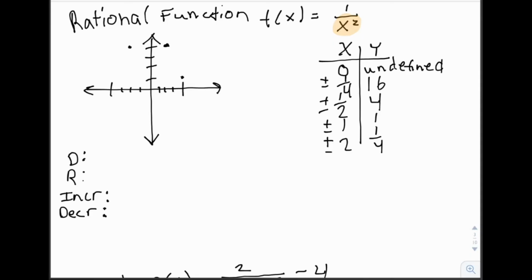And we will also have a negative 1, 1. Okay, and our last value we have this 2, so plus or minus 2 and then 1/4. So it's going to be really tiny, approximately right there. So let's fill in our graph here and figure out what it looks like. We should get something that looks approximately like this.